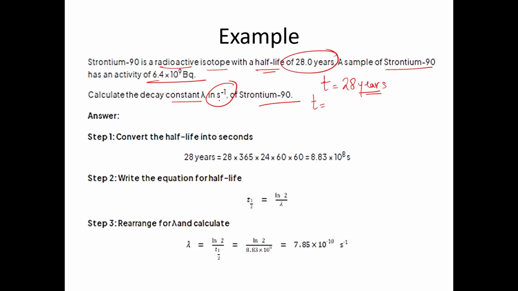Because we need this lambda in the unit of seconds. So how to convert years into seconds? 28 multiplied by 365 multiplied by 24 multiplied by 3600. When you multiply all of these values, you are going to get an answer of 8.83 into 10 raised to power 8 seconds. This will be the value of time.